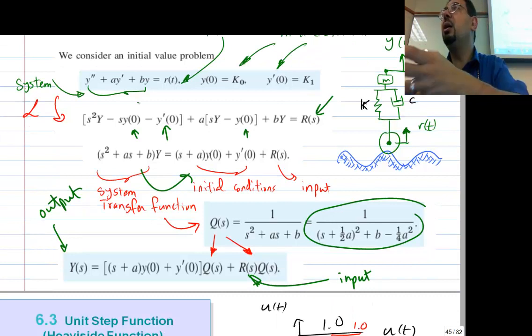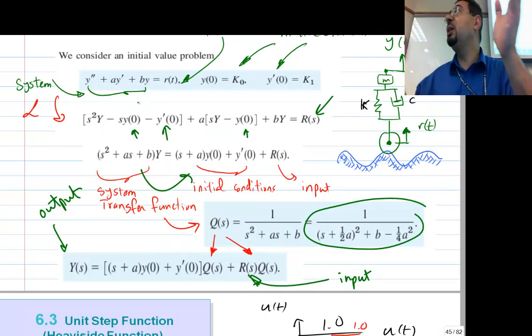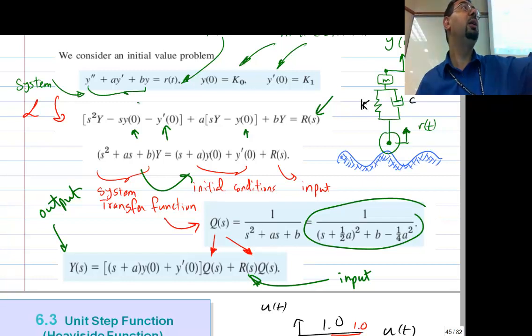This rocket, this car, this machine has this transfer function. So you just tell me how you're going to hit it, what force, and I just multiply that input by my transfer function, and here's the solution. It's still in the S domain, but all it takes now is to take the inverse. Okay?